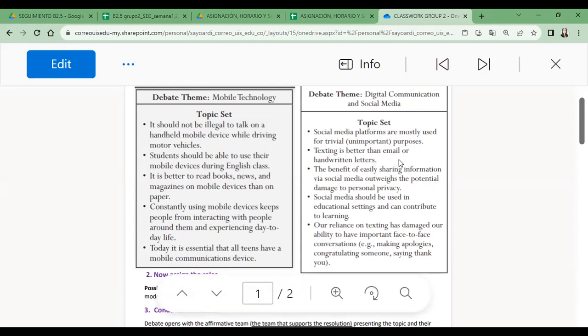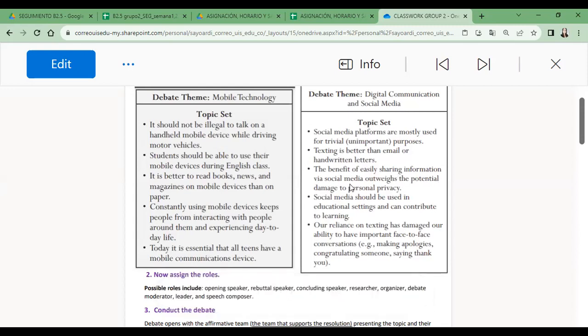Texting is better than email or handwritten letters. I like this one. The benefit of easily sharing information via social media outweighs the potential damage to personal privacy. My God. Social media should be used in educational settings and can contribute to learning.